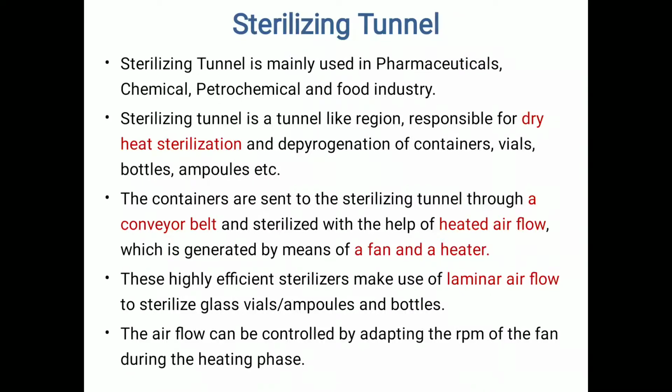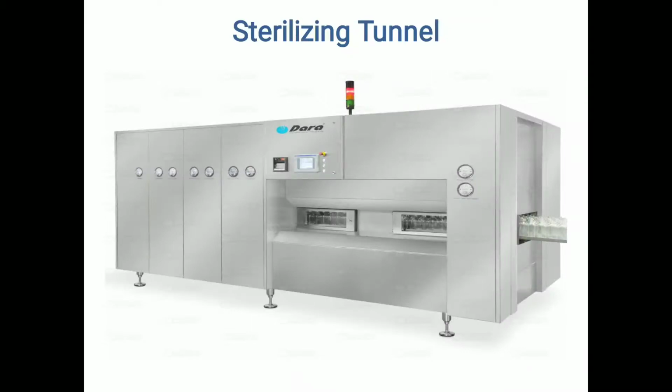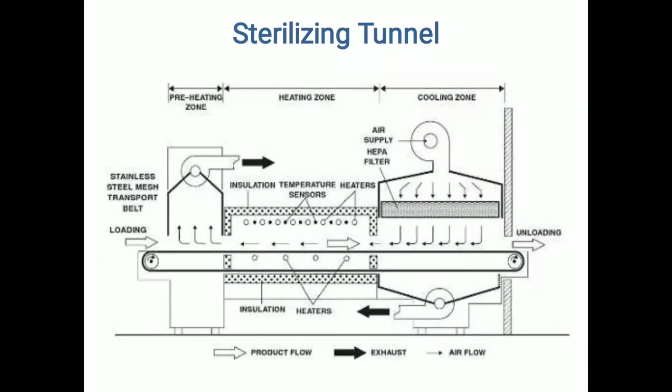Here you can see it is the large equipment, which is the sterilizing tunnel, which has doors as well as a control panel. Inside it, there is the diagrammatic representation of the sterilizing tunnel, which has 3 zones, that is preheating zone, then heating zone, and then cooling zone.